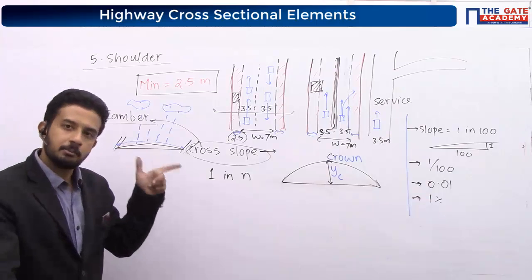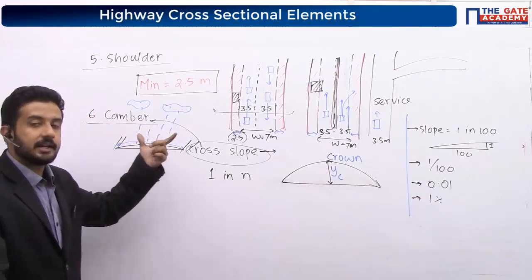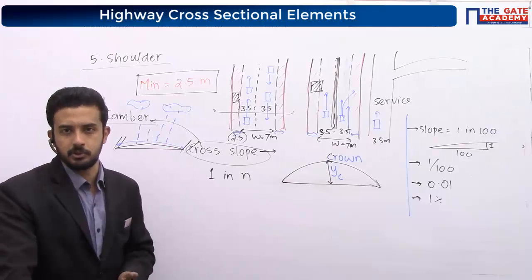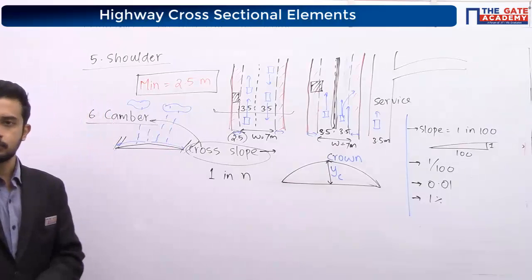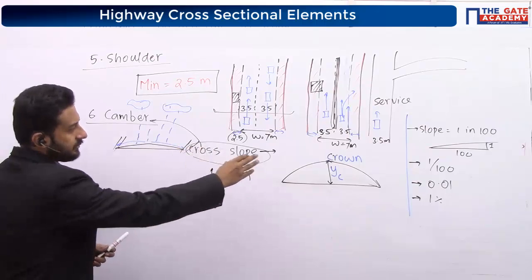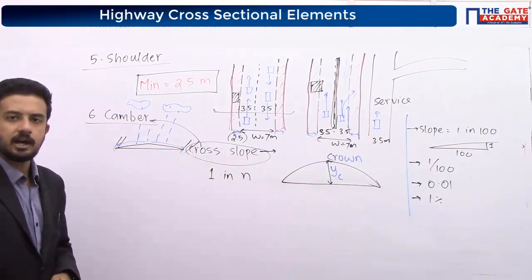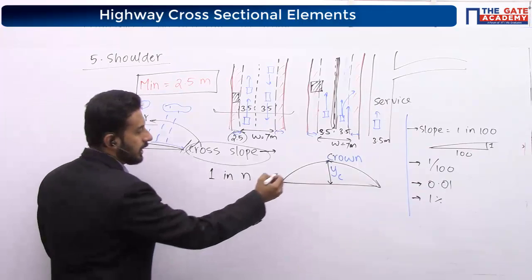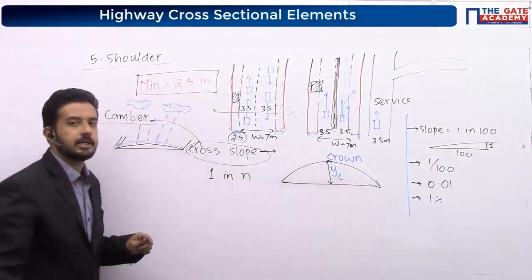And a 1 mark question can be the recommended value of camber for different types of roads. So first we will see the height of the crown. Before going into that, I want to tell you the possible shapes of these crowns.